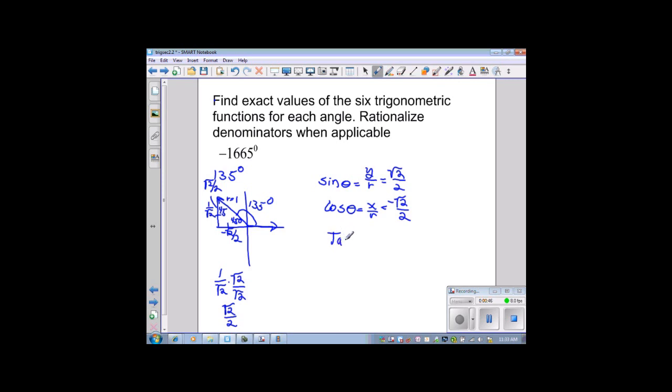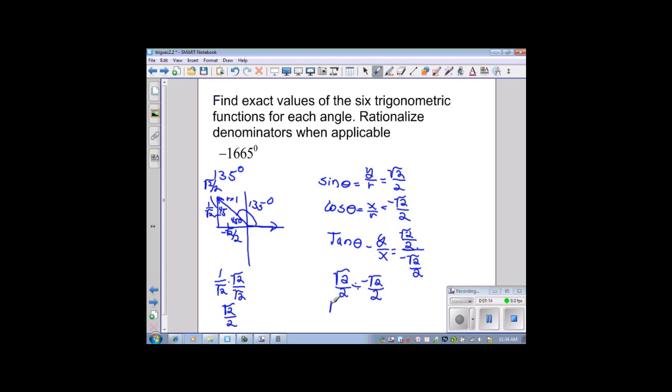Tangent theta is going to be y over x, which will equal the square root of 2 over 2 over a negative square root of 2 over 2, which will equal the square root of 2 over 2 divided by a negative square root of 2 over 2.